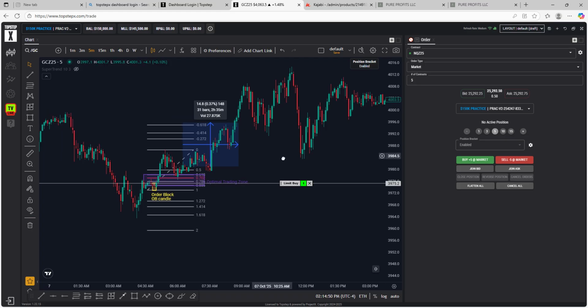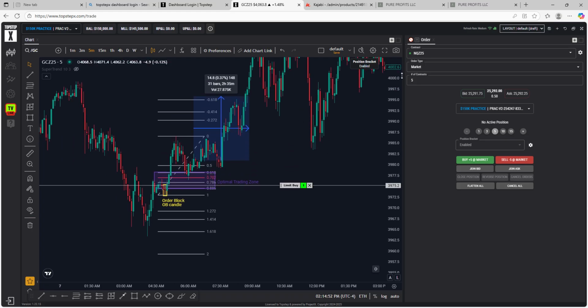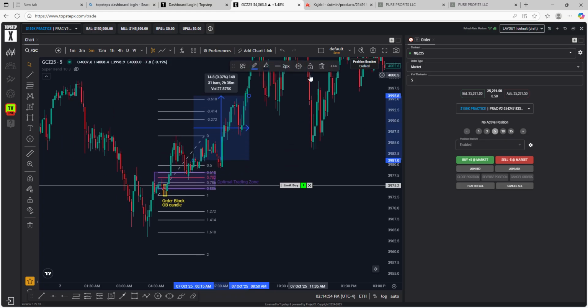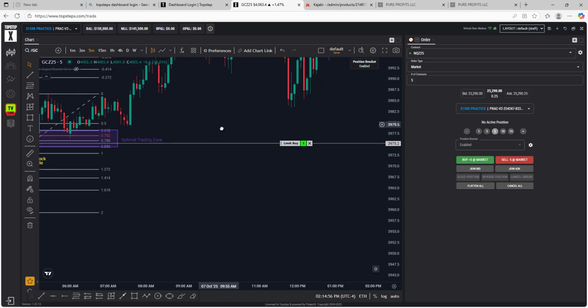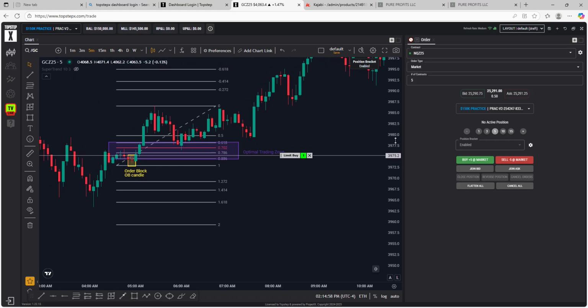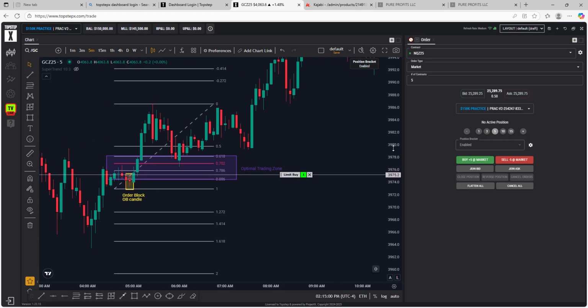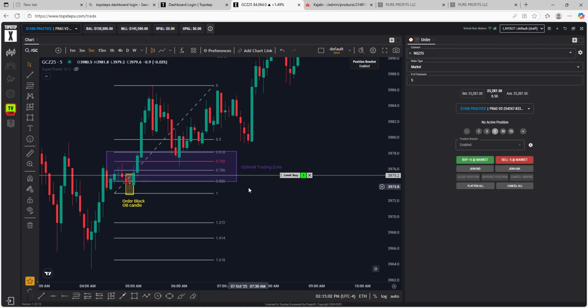So this one entry, you could have traded this and been good for the week. That's the power of the strategy, and this is only with 3 confirmations. There are additional confirmations that help.